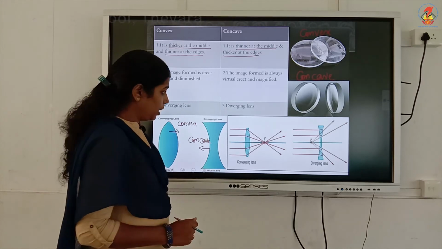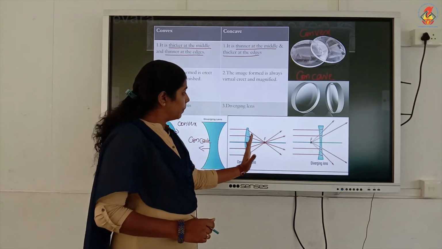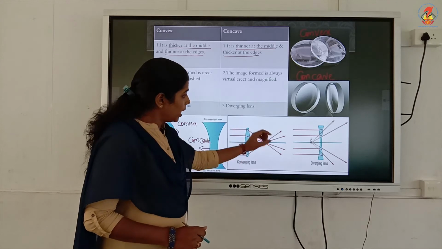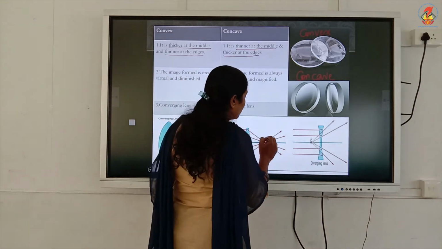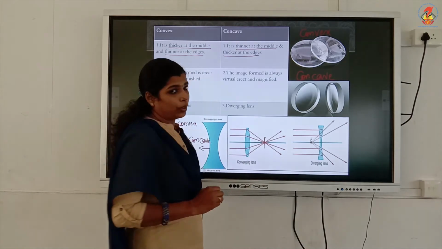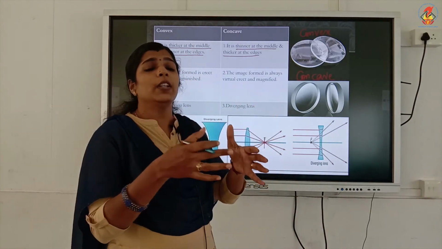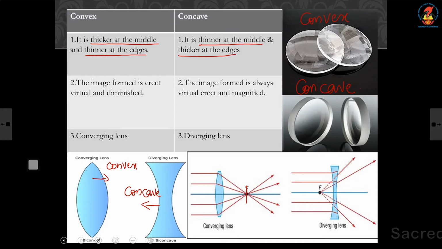Converging lens means that when light rays pass through this lens, they will focus or converge to a point. All the light rays will converge to that point. So, a convex lens is known as a converging lens.